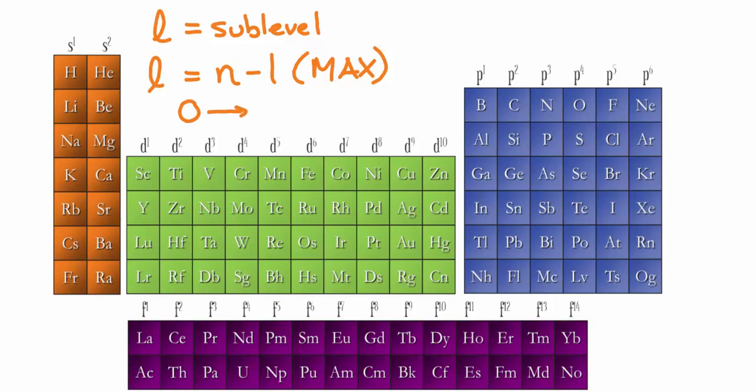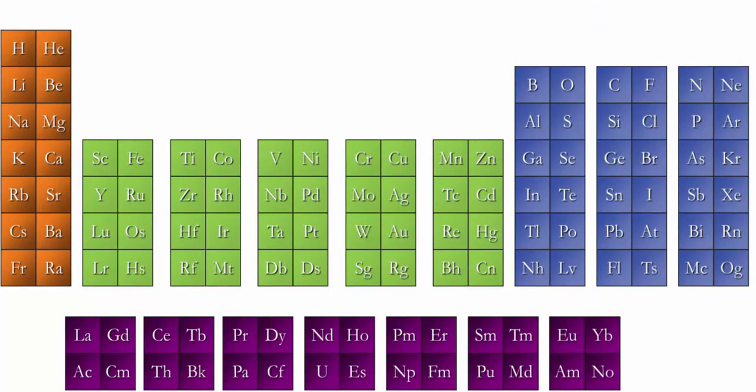The p section shows up in the second energy level, and 2 minus 1 is 1, so the p section gets labeled with a 1. The d section with a 2, the f section with a 3, so on and so forth as we have additional energy levels, and therefore additional sublevels allowed.